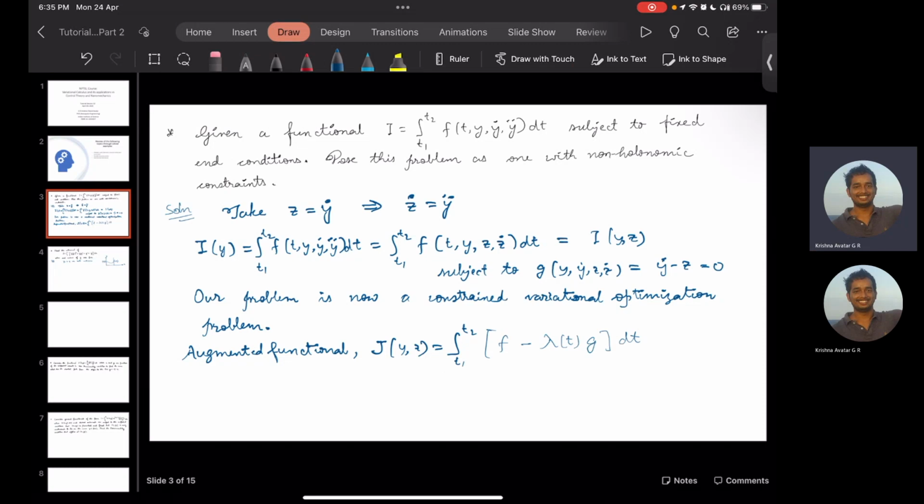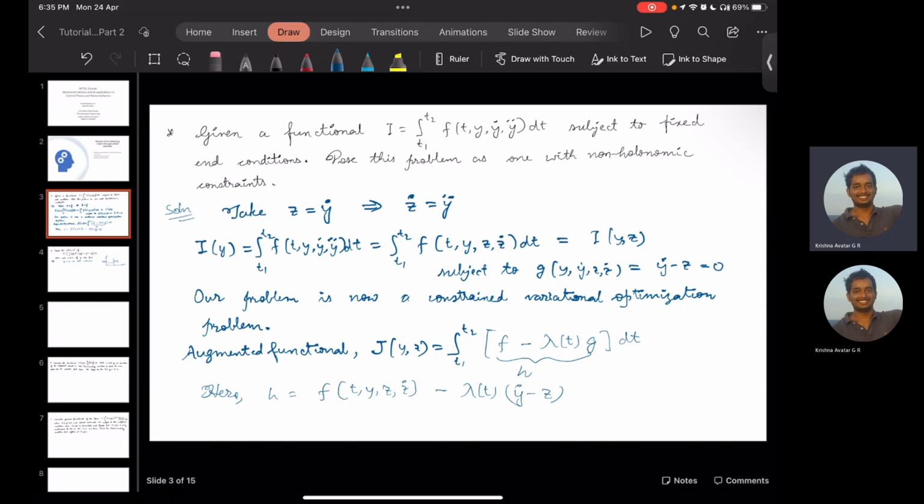So we have included a multiplier here as well. Let's call this integrand h. So h is equal to f minus lambda times g, where f is a function of t, y, z and z dot, lambda is a function of t, and g here is y dot minus z.